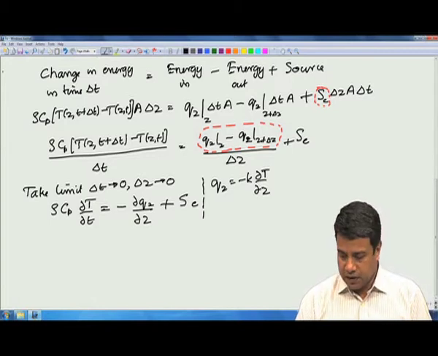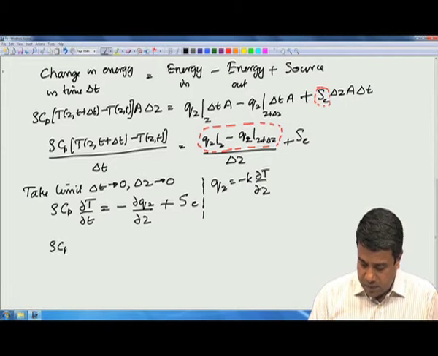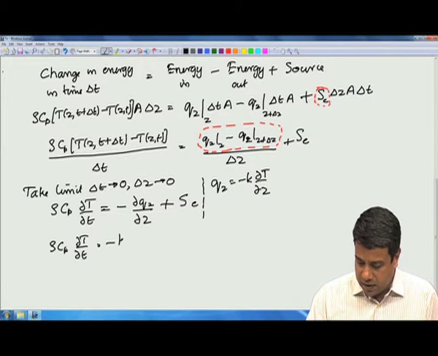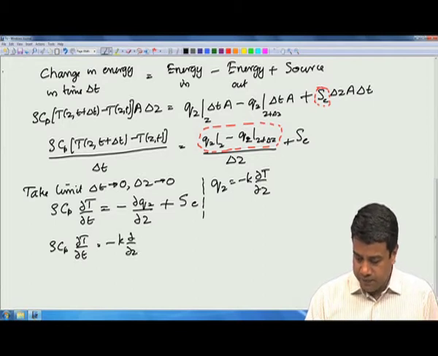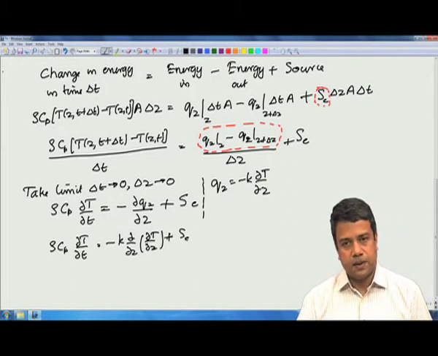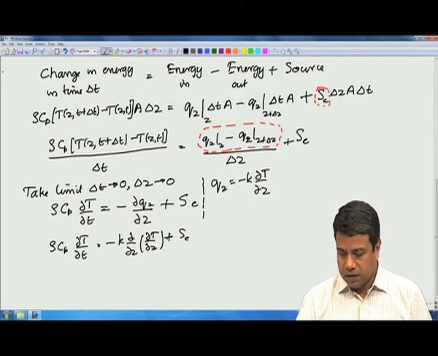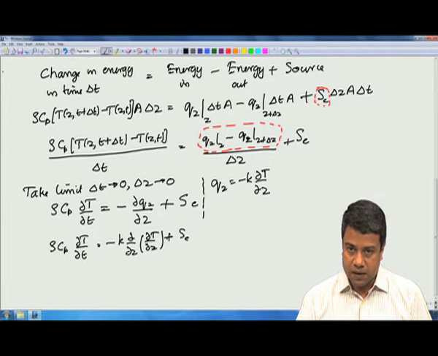So, if I substitute that in this equation, I will get rho Cp partial T by partial t is equal to minus k d by dz of partial T by partial z plus the energy source, per unit volume per unit time. Okay. This is of course assuming that the thermal conductivity k is independent of temperature. That is the assumption that we are making here.